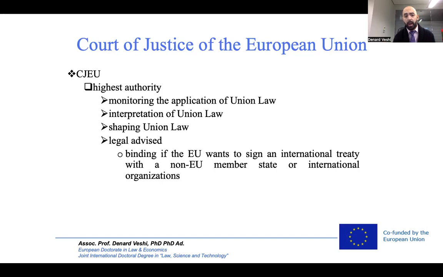It is the highest authority which monitors the application of the EU law, interprets the EU law, and gives legal opinions which are legally binding if the EU would like to sign an international treaty with non-EU member states or an international organization.